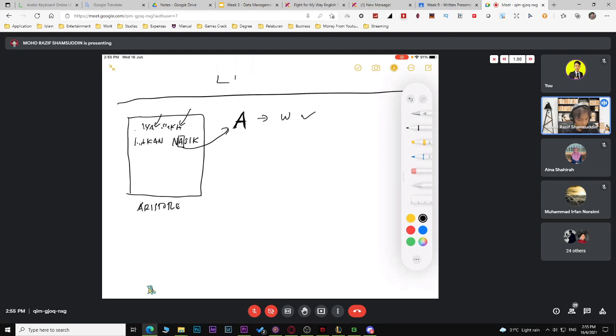Alright, so what happen is that dia ambil pula data yang lain yang missing. Alright, so it's the same A but not complete. Alright, so supposedly dia ada macam ni. Alright, when presented to the Hopfield network, okay, it will produce a more complete version of the network. Okay, but probably tak sama kan, the input and the output is not the same.